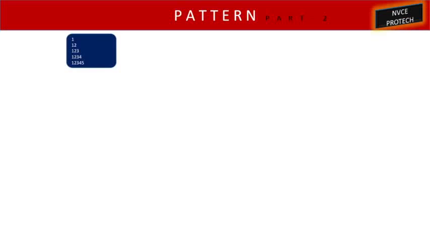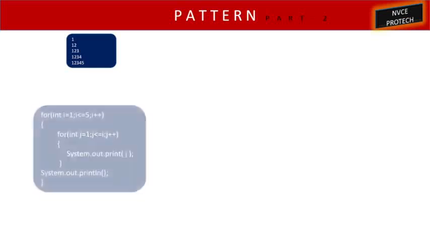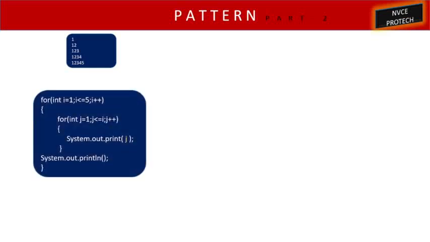You can see a left aligned number pattern, and I have made this by 2 loops. First loop is based on slanting values, as vertical values are all equal, so I have taken slanting values 1 to 5, that is int i = 1, i <= 5, and i++.